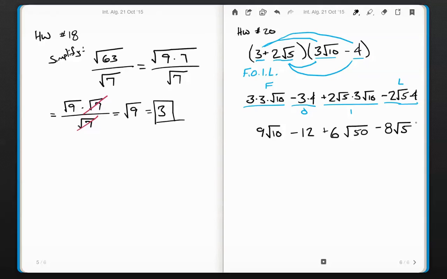And for that one, that's all we can do. Alright, so because we've got a root 10, a root 50, and a root 5, 12, there's no like terms to work with here. There's no like terms to combine. Right, so not much we can do with that.